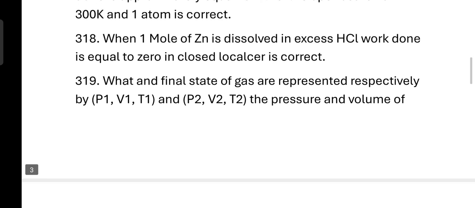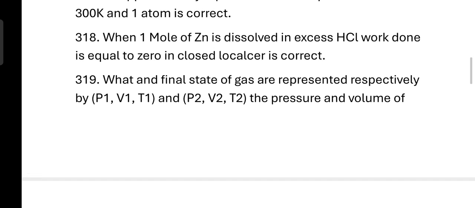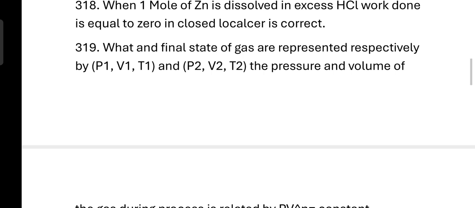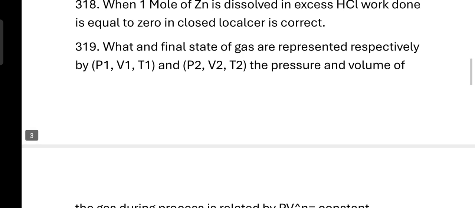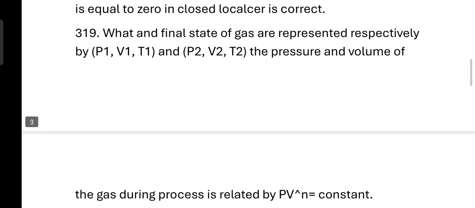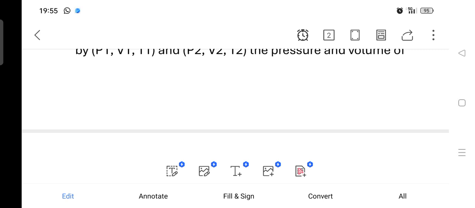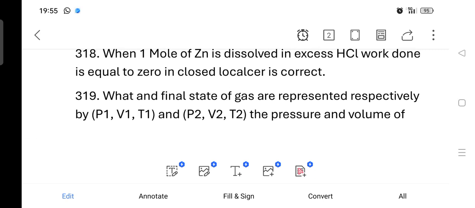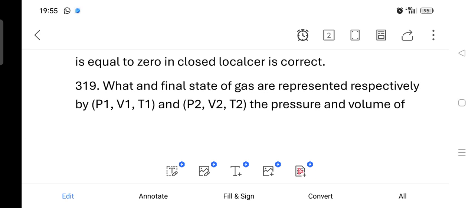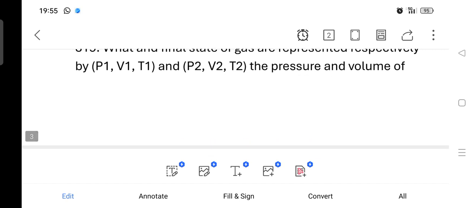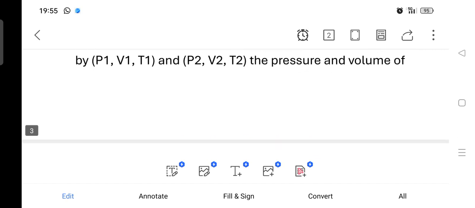When 1 mole of Zn is dissolved in excess HCl, work done is equal to 0 in a closed vessel is correct. The initial and final state of a gas are represented respectively by P1, V1, T1 and P2, V2, T2.